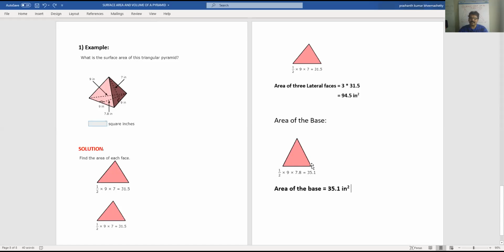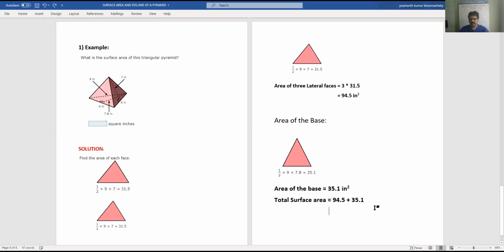Now we are left with the last step. We found the area of the lateral faces. There are 3 triangles around and 1 triangle at the base because it's a triangular pyramid. Now we add them up. The total surface area is 94.5 square inches, the lateral surface area, plus the area of the base, which is 35.1.